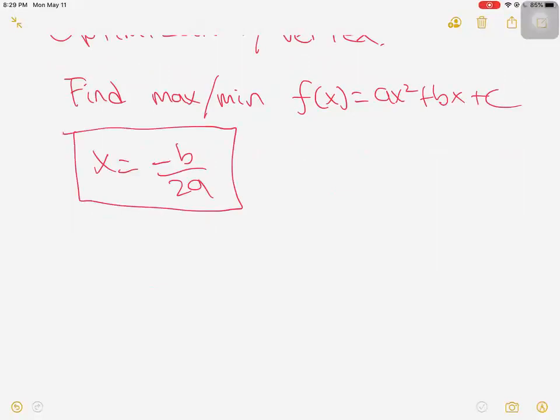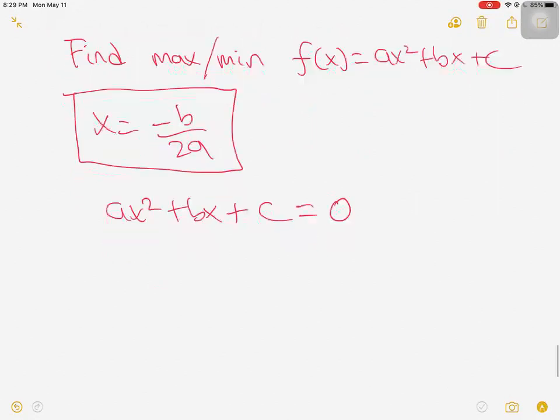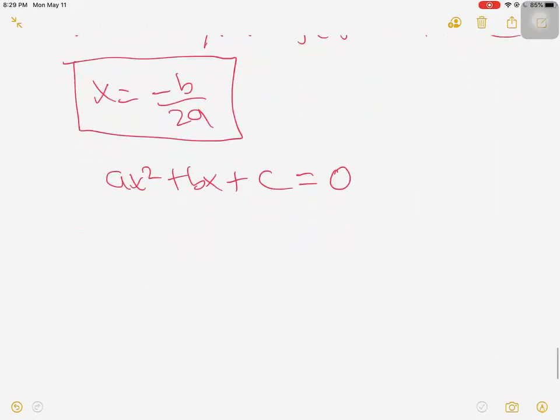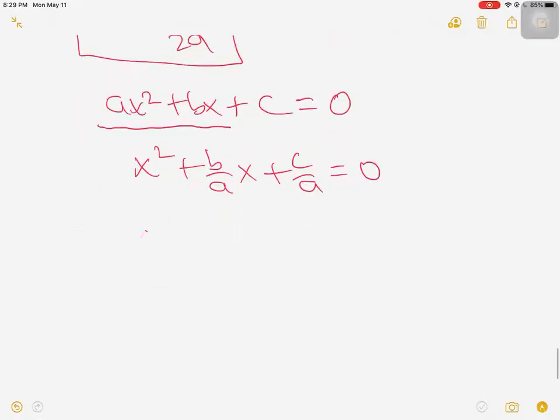The way to prove this is we can rewrite the quadratic into a completing the square form. Well, it's called vertex form, actually. We complete the square of these two terms. So we can make this into x squared plus b over a x plus c over a. And then we complete the square.